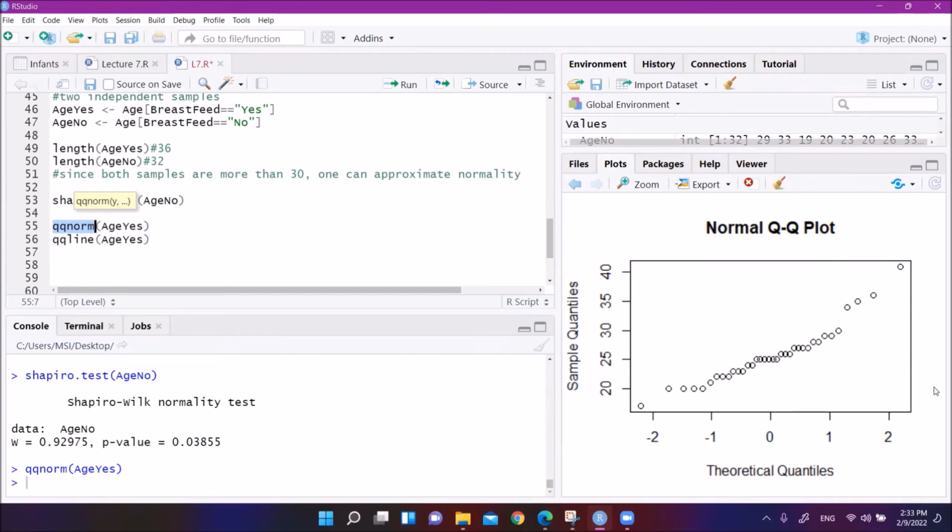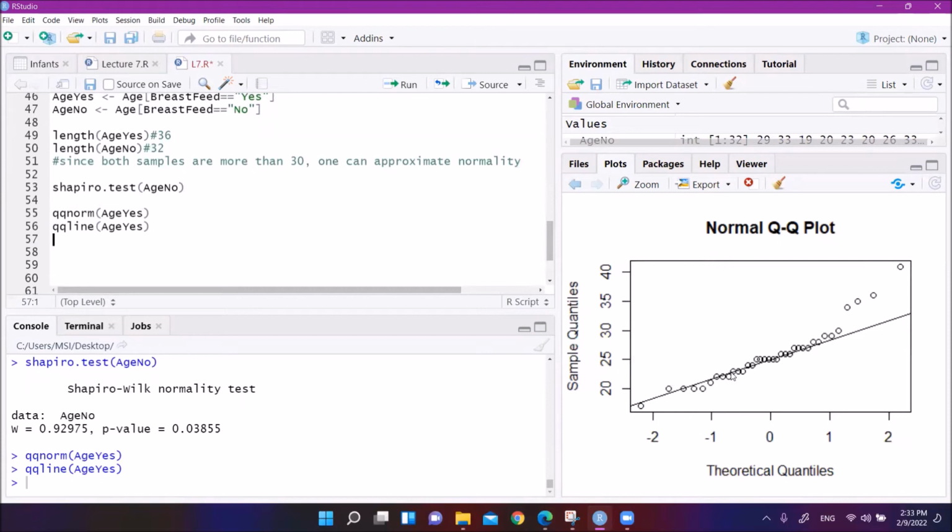The requirement here is that this should follow a diagonal line. Seemingly it does, but by running this code, you can simply add the line, the QQ line. The data points are not going along this line. Actually, these data points should go along this line. It's not perfectly going to be on that line, but somewhere like this.